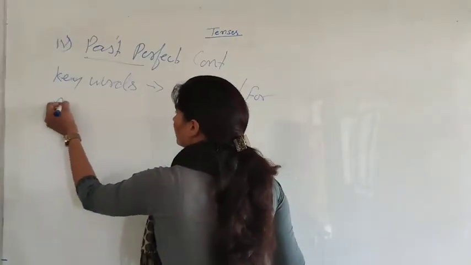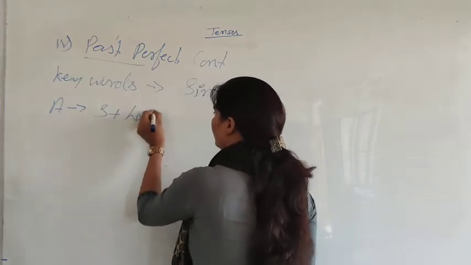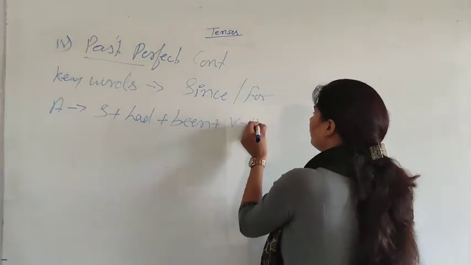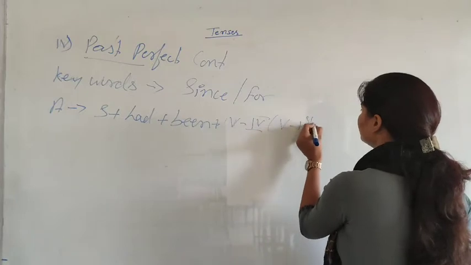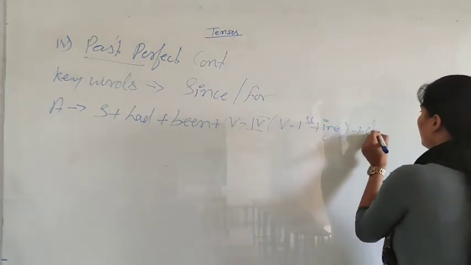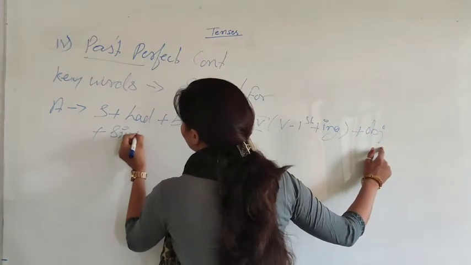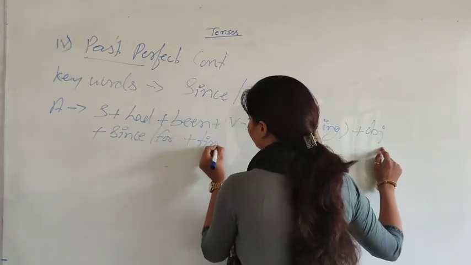See the structure of assertive sentence is subject plus had plus been plus verb fourth form, or you can say verb first form plus ing plus object plus since, for plus time.